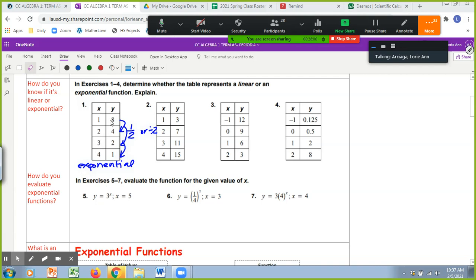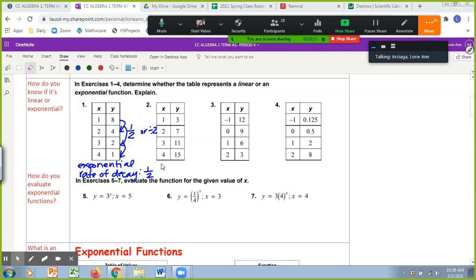If the numbers are going up, you call that the growth rate because the numbers are growing. But if the numbers are going down, you may call that the rate of decay. Decay means it's going down, right? So the rate of decay is 1/2, or you divide by 2.